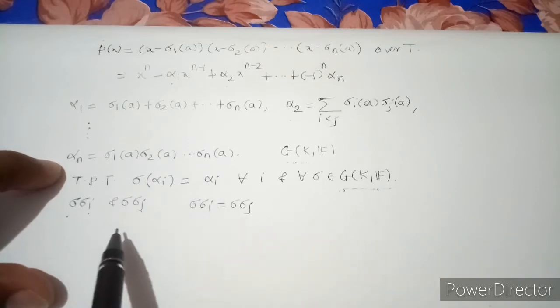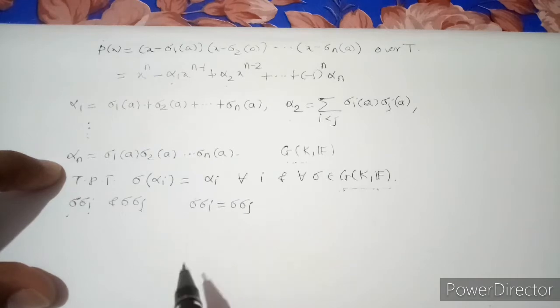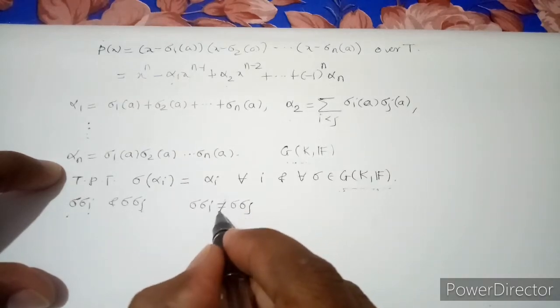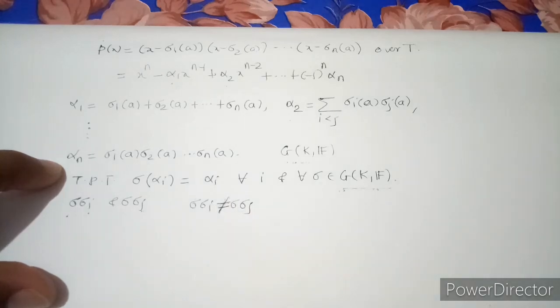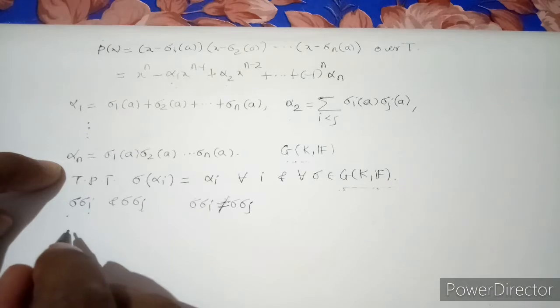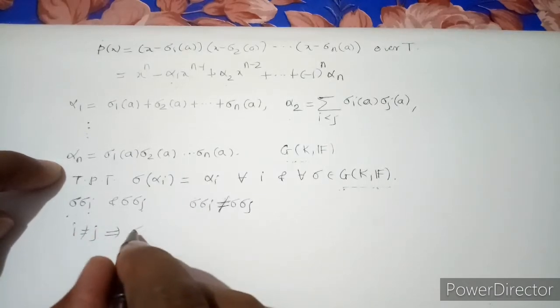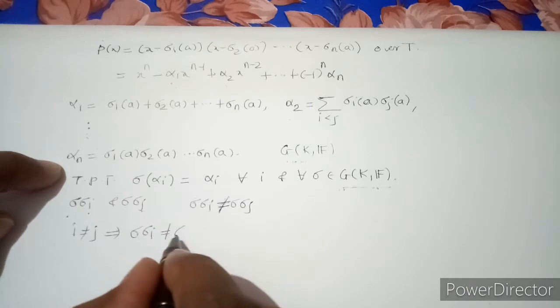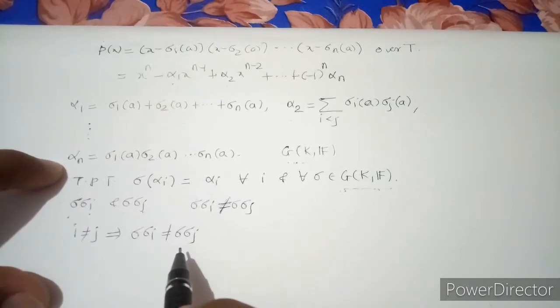So for that, suppose i is not equal to j; I have to prove that sigma sigma i is not equal to sigma sigma j. That is, i not equal to j implies sigma sigma i not equal to sigma sigma j. But I will prove this by contradiction.